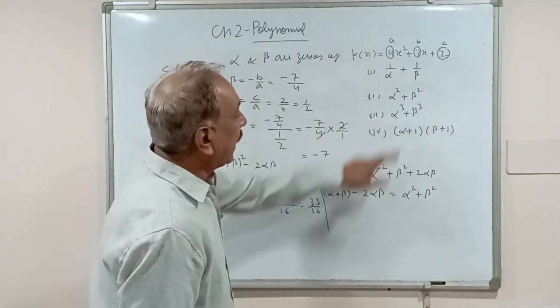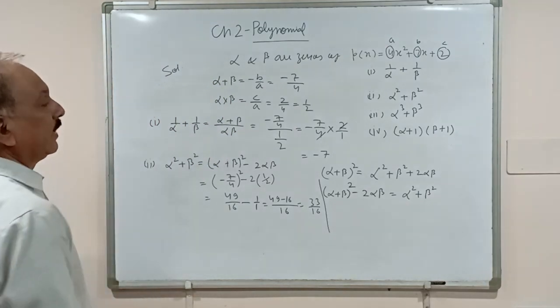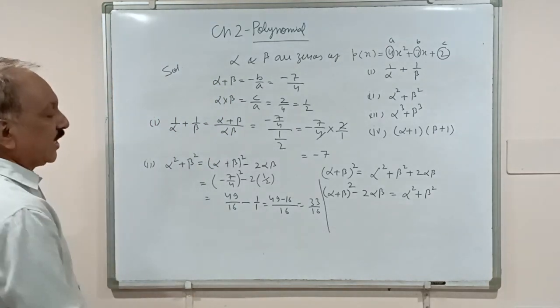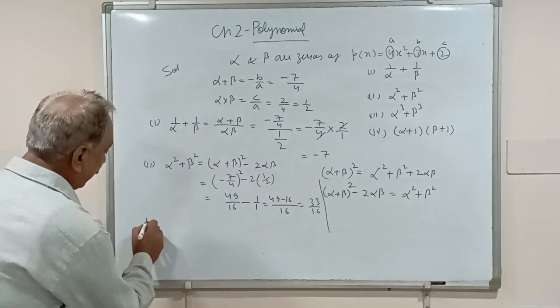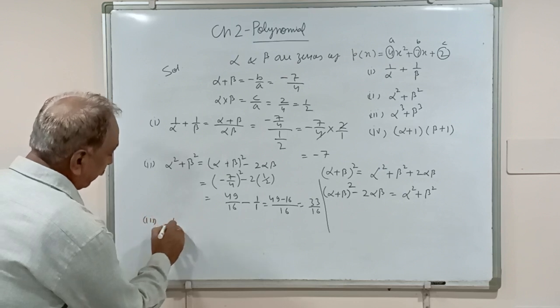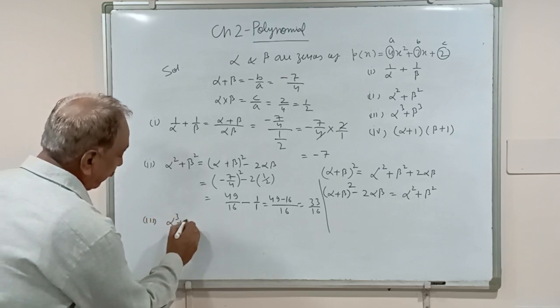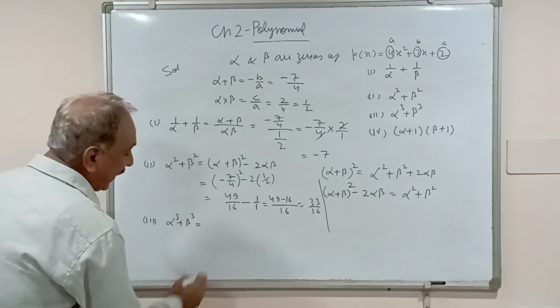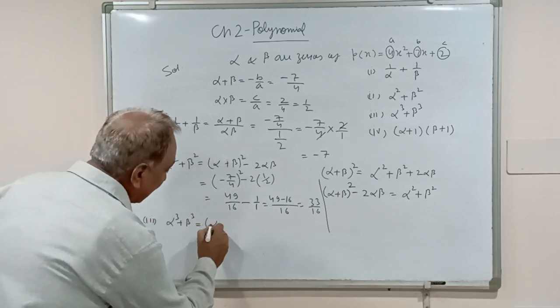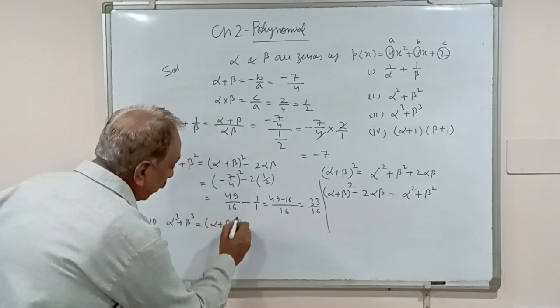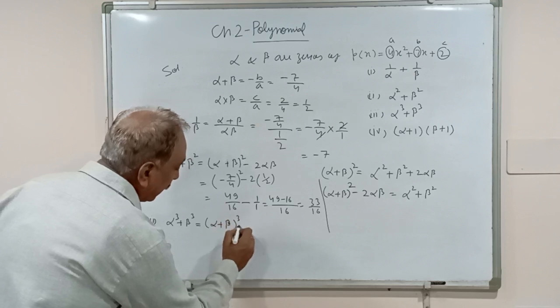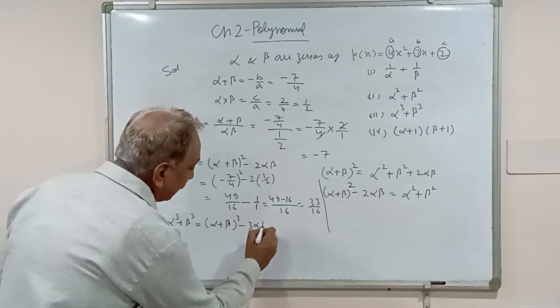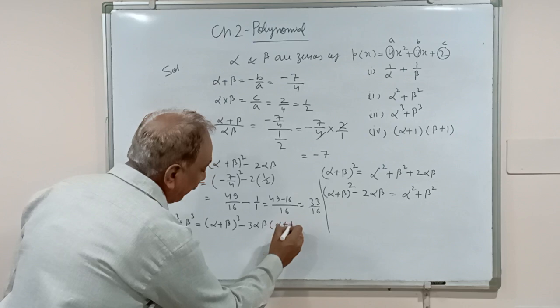Third is alpha cube plus beta cube. You know the identity. This is alpha plus beta whole cube minus 3 alpha beta, alpha plus beta.